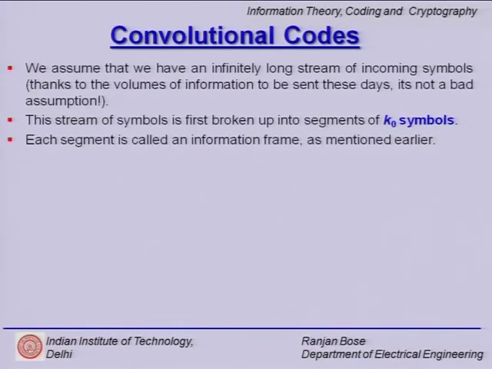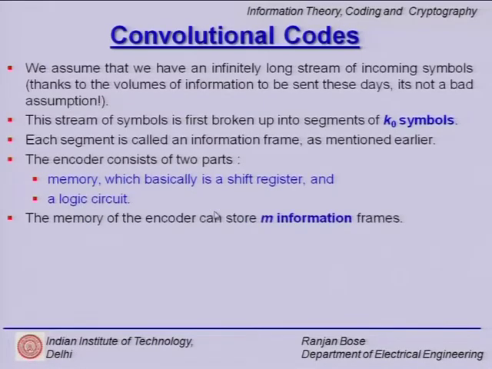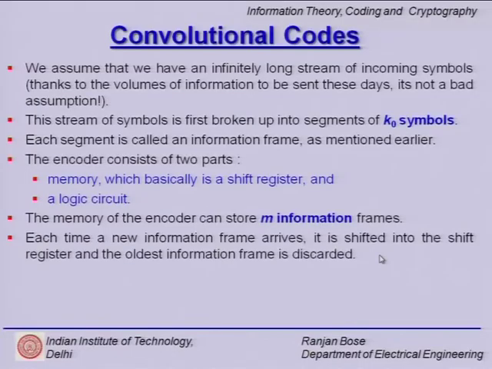Now, each segment, which is called a frame, will be encoded, but the encoder consists of two parts: a memory, which is basically a shift register, and a logic circuit associated with it. So, these two are the ingredients that form the encoder for a convolutional code. The memory, which is a shift register, is capable of storing m previous information frames.